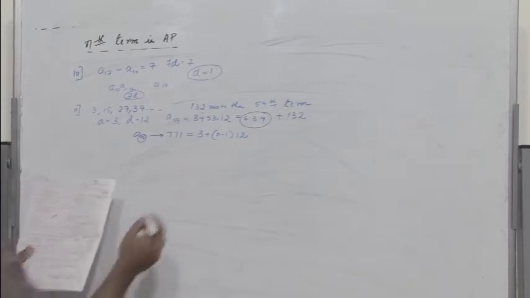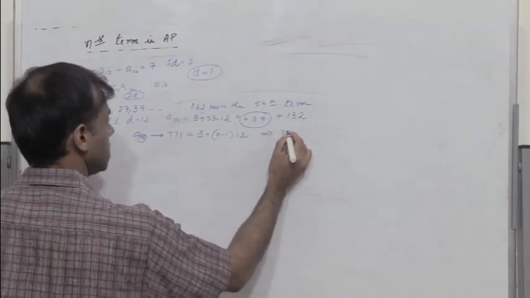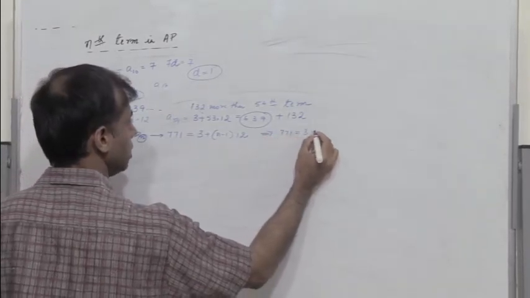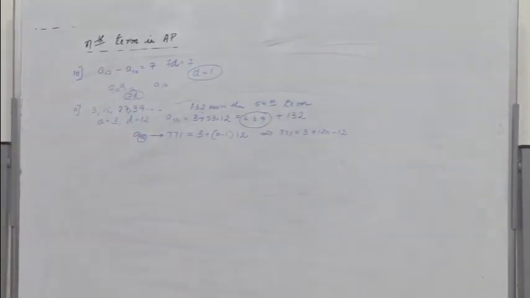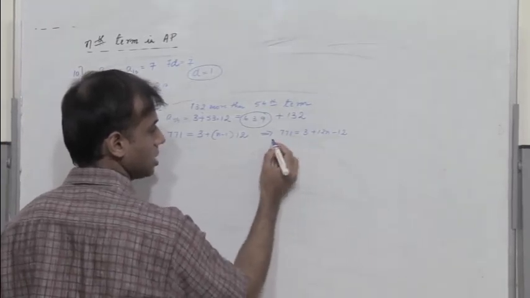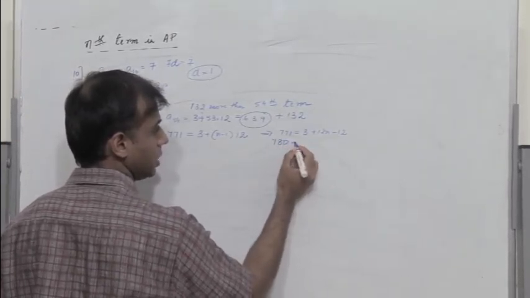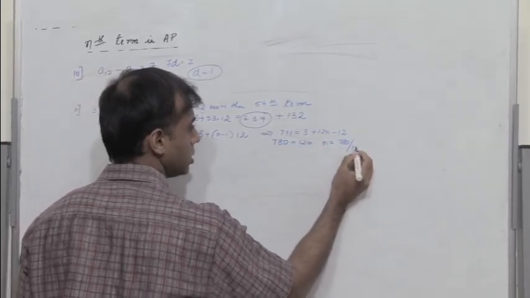So we have 771 equals 3 plus 12n minus 12. So I get minus 9. If I bring it to the LHS, I get plus 9. So 780 equals 12n, or n equals 780 by 12.